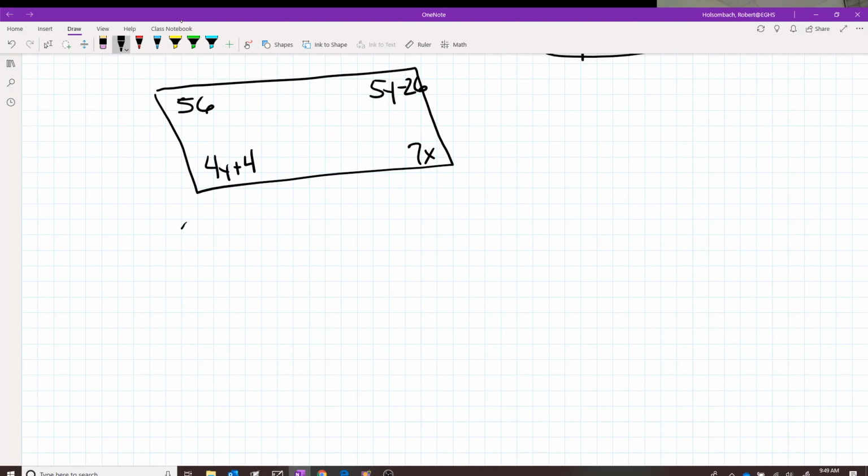So you would set your 7x equal to 56 and solve for x, and you would set your 4y plus 4 equal to 5y minus 26. Solve for y.